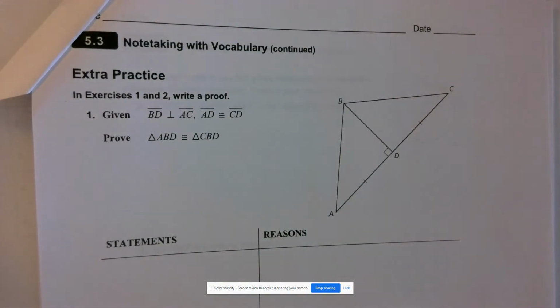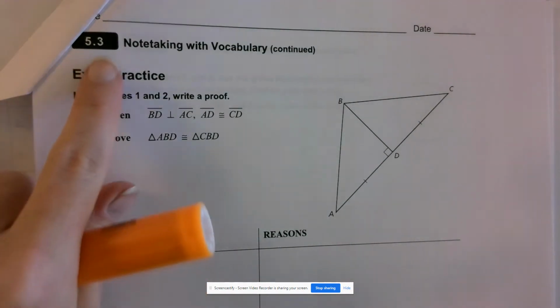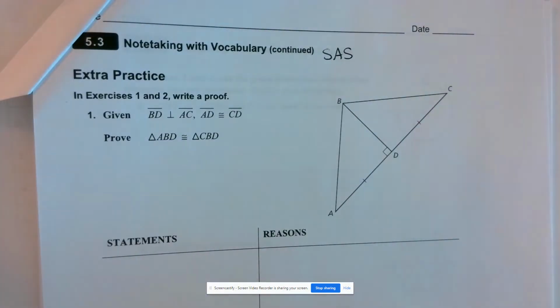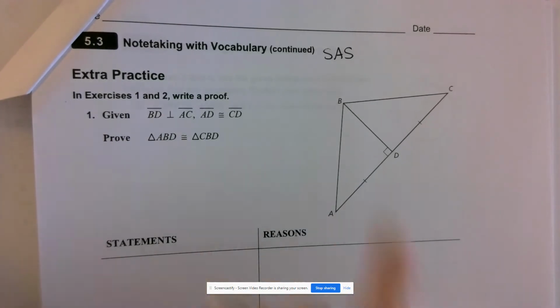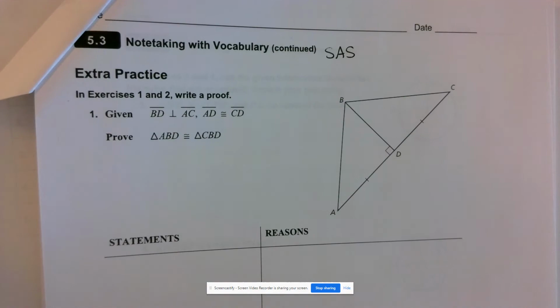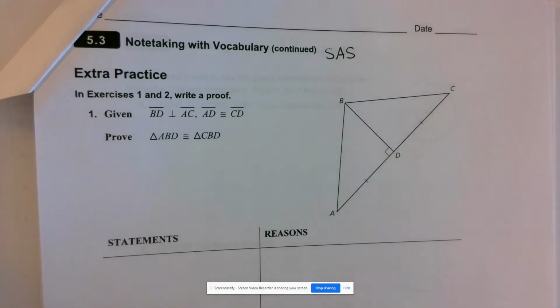Lesson 5.3 is also all about the side angle side congruence theorem. So this kind of gives us a hint that we're probably going to be using the side angle side congruence theorem to prove that these two triangles are congruent.